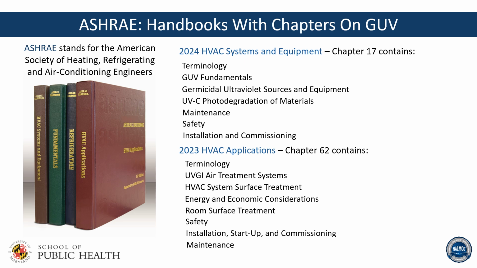The 2023 HVAC Applications Handbook, Chapter 62, contains terminology, UVGI air treatment systems, HVAC system surface treatment, energy and economic considerations, room surface treatment, safety, installation, startup and commissioning, and maintenance.